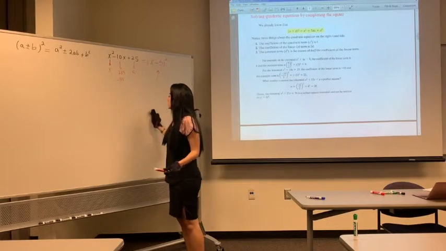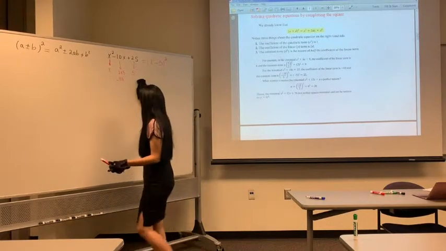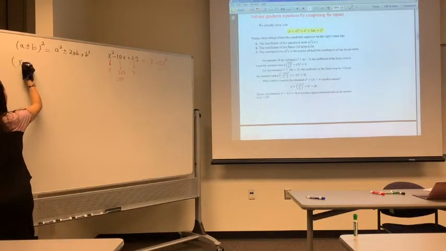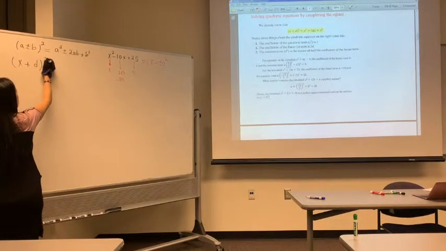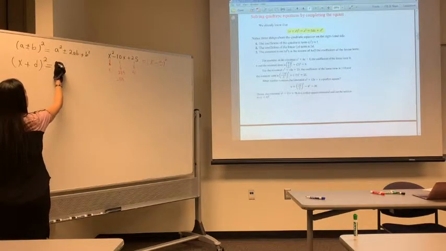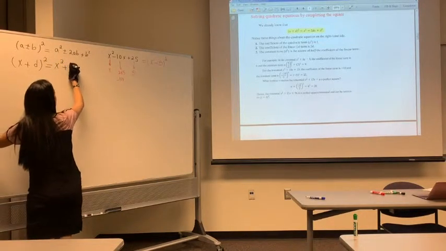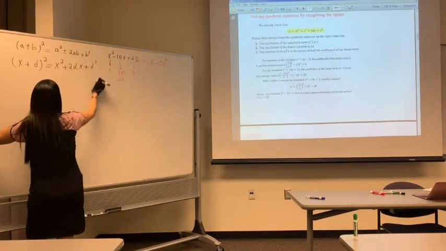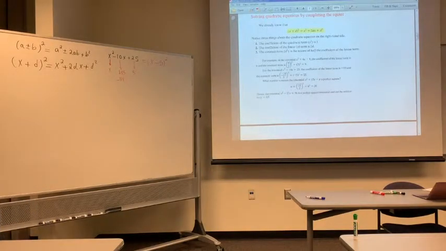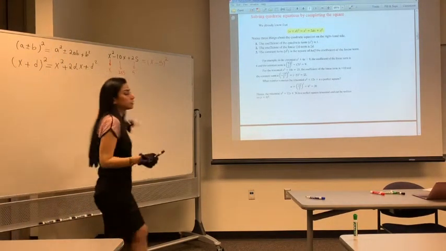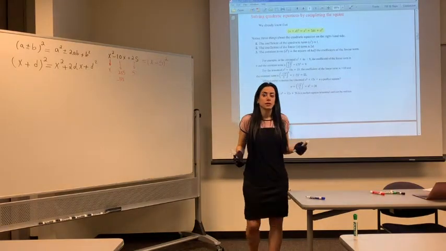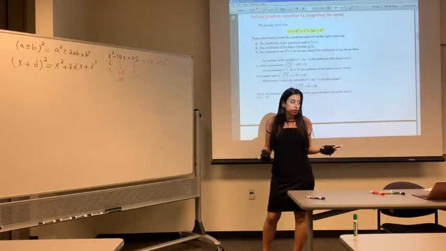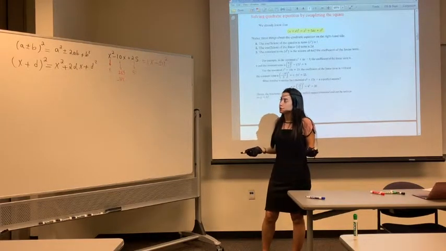Let's say now we have a formula like this: (x plus d) to the power 2 equal to x squared plus 2dx plus d squared, which is exactly the same as this one. Just instead of a we put x, instead of b we have d, correct? So there is not that much of a difference.